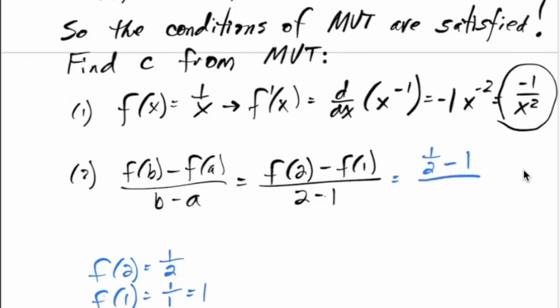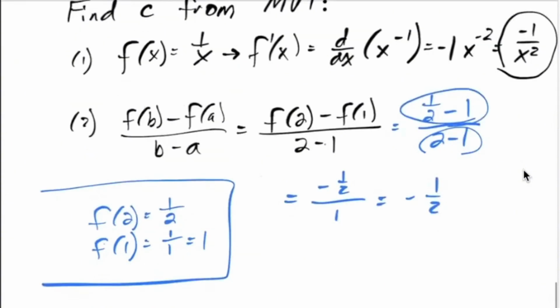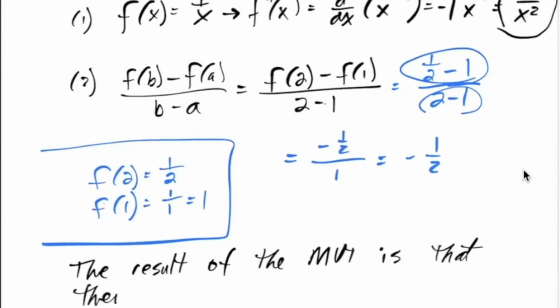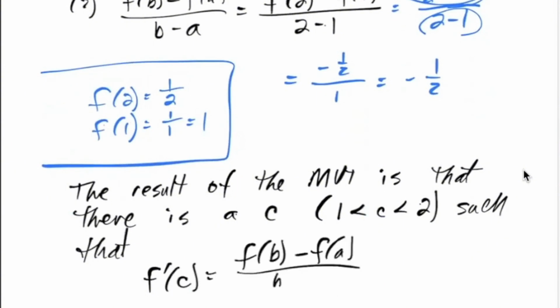And so on the top, in the numerator, I've got 1/2 minus 1, so that's minus 1/2. And in the denominator, I've got 1, so I get negative 1/2. All right, so recall, the result of the mean value theorem is there is a c value, an x equals c, between 1 and 2, such that the derivative at c equals f of b minus f of a over b minus a.